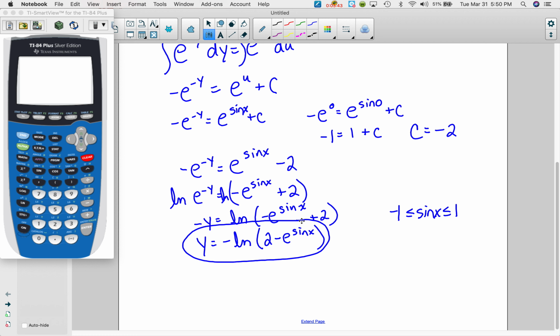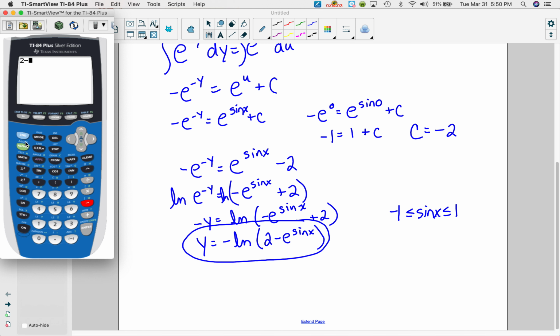If it's negative 1, then this is no big deal, because we would have e to the negative first power, the reciprocal, which is a positive value. But if sine of x was 1, you would get e to the first power, and if you do 2 minus e, you're going to get a negative, and you can't take the log of a negative.